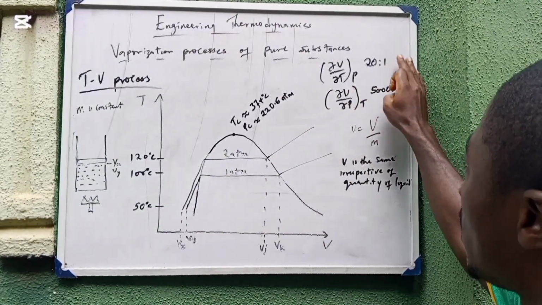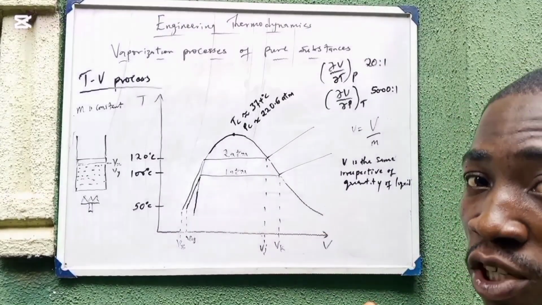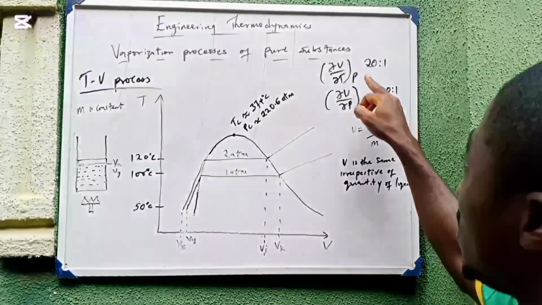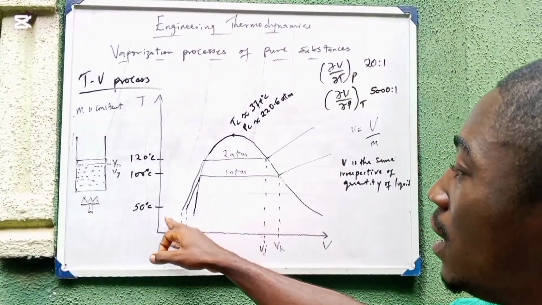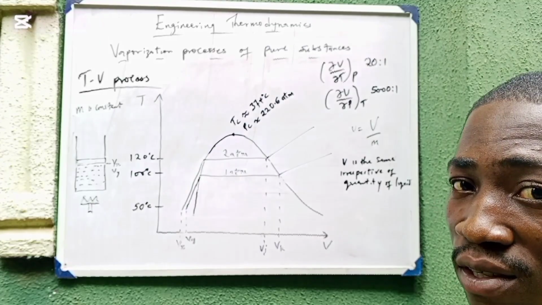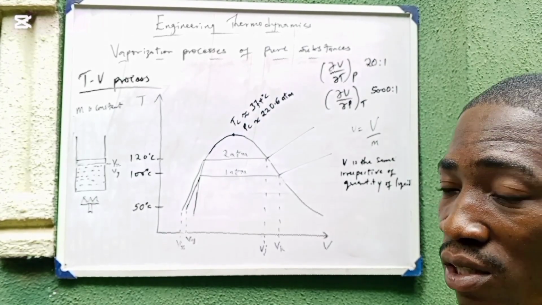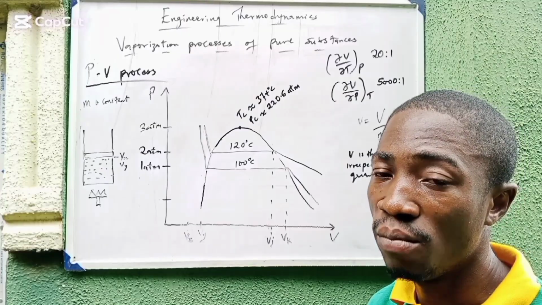What this means is that the change in the volume of vapor for a change in temperature at a particular pressure will be about 20 times greater than that of compressed liquid. That shows you how sensitive vapor is to change in temperature compared to liquid. So that is the T-v process.